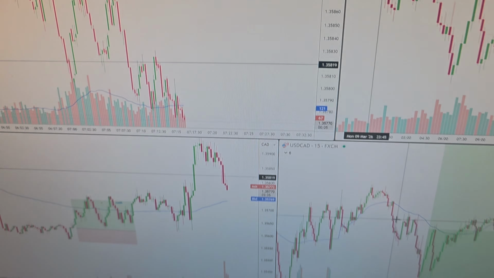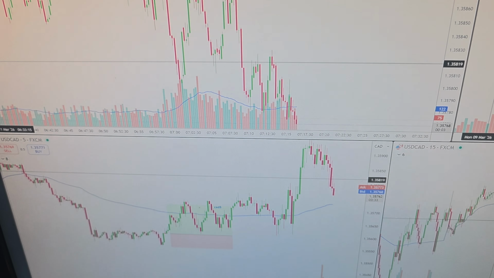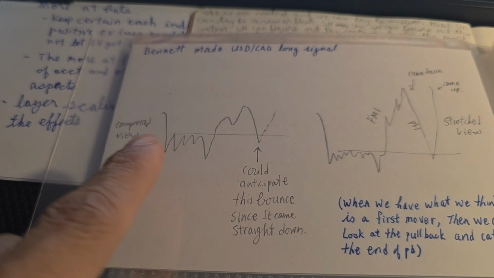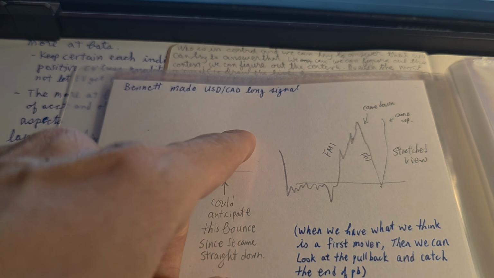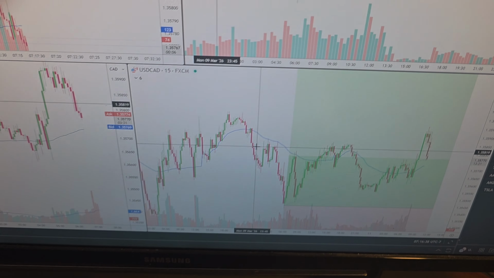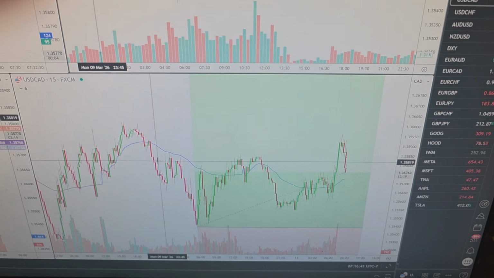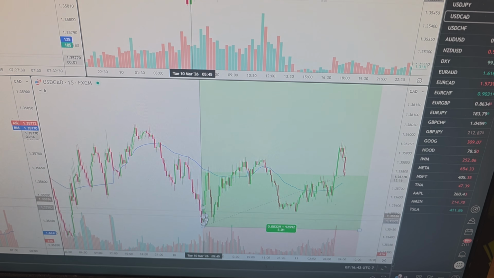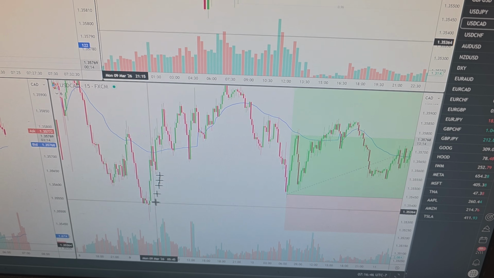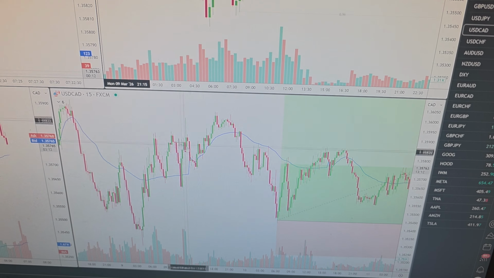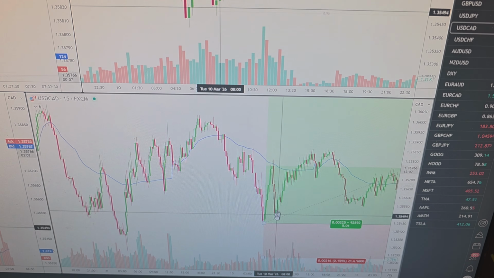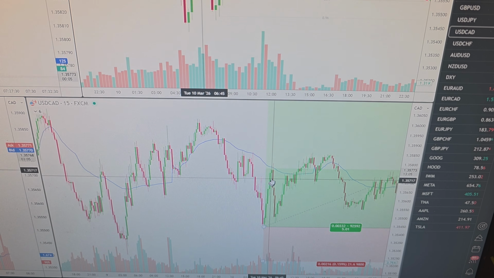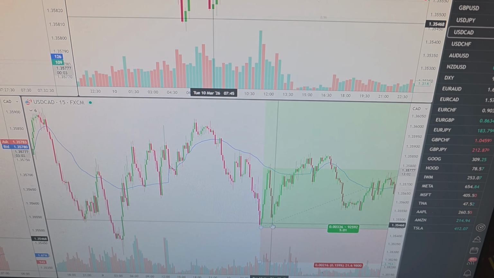Okay, so then this is the USD Canadian, which is what this hand-drawn picture is, which should help us remember this very concept of we get a bias, and the bias here is Justin's trade, and he entered through here, we saw this huge pullback, and we found a base, and we found a first mover here, and then the first pullback.